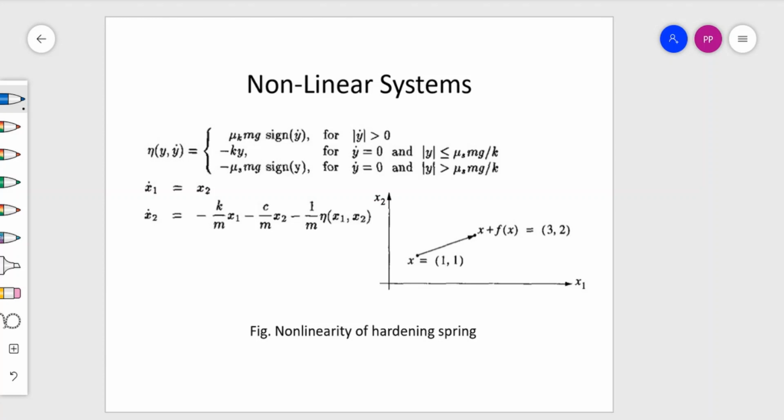So we can see the conditions and accordingly the spring will behave, and based on this behavior we can develop a situation where each state of the system represented by the state variables x1, x2, like that we can represent the system in state space like x1 dot equals x2 and x2 dot equals minus k by m x1 minus c by m x2 minus 1 by m eta x1 x2, which is a nonlinear function of output representing the spring behavior.